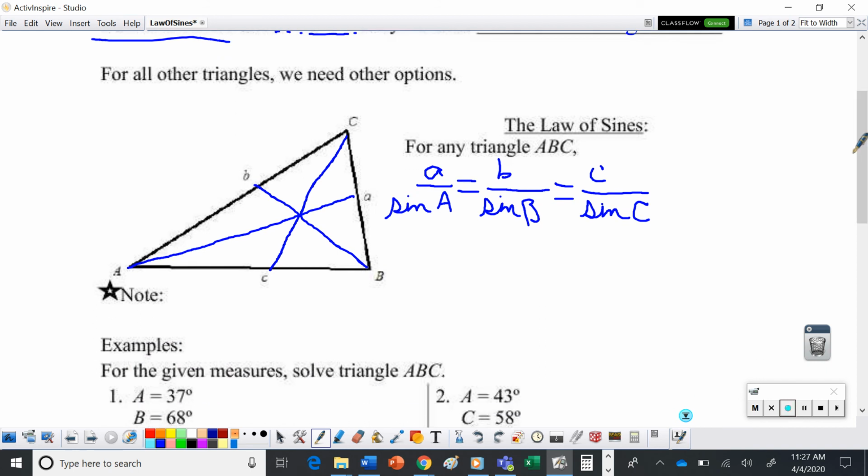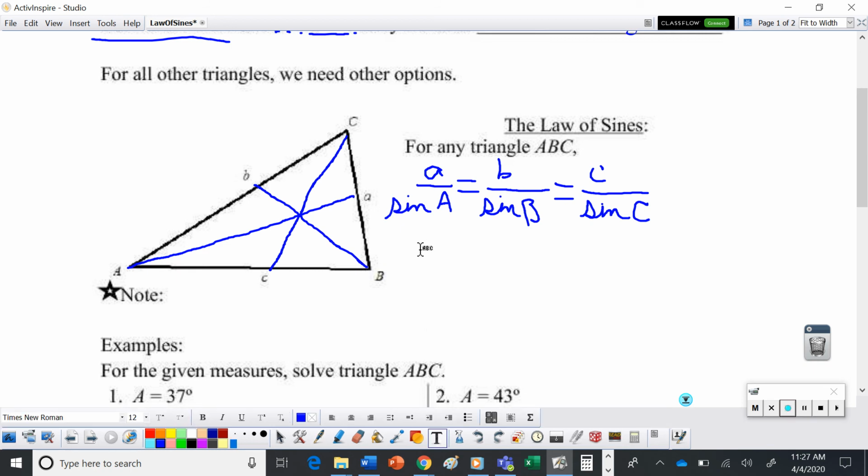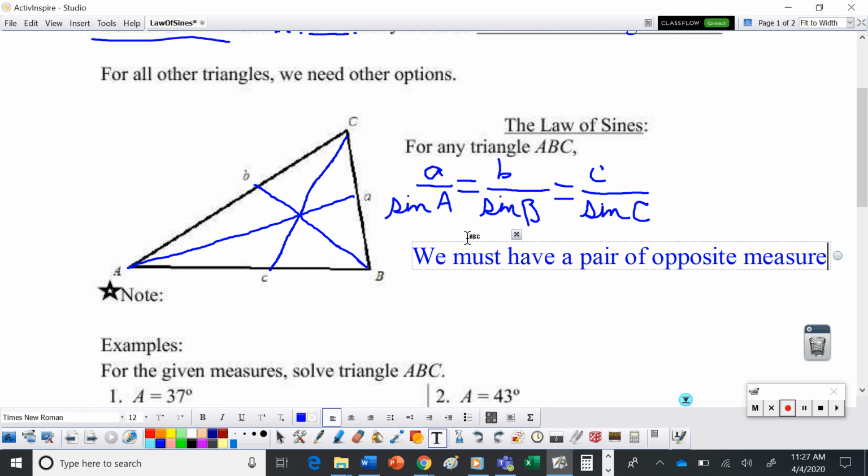Those ratios are going to be equal for all three of those pairs. One important detail to keep in mind is that in order to use this, you must have a pair of opposite measures. So we have to have side A and angle A, or side B and angle B, or side C and angle C, plus one other measure in order to use this equation.